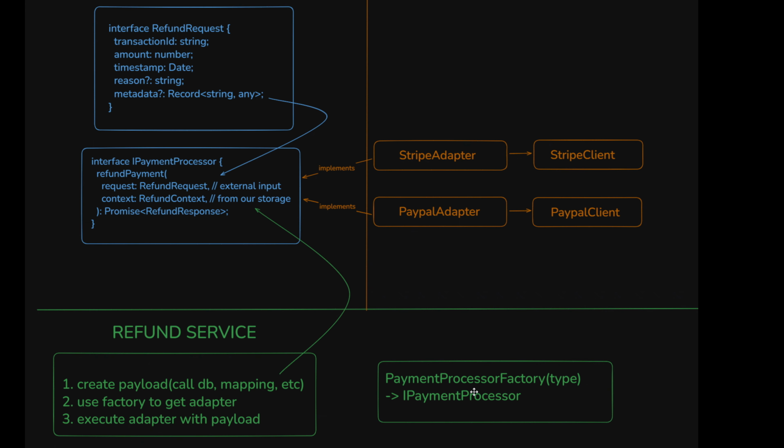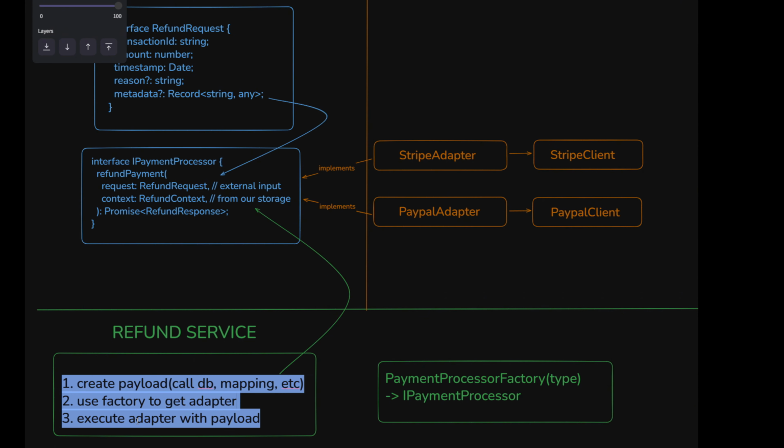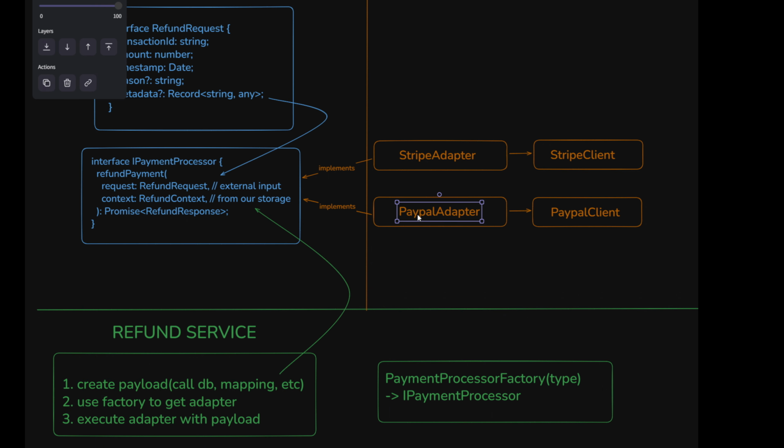So we'll have a factory, which will be returning this payment processor. We will, for example, provide to it a type, and if type is Stripe, we will return the Stripe adapter. If type is PayPal, well, you got the point. Then essentially we are executing this adapter with the payload. And this is it. I think fairly straightforward.